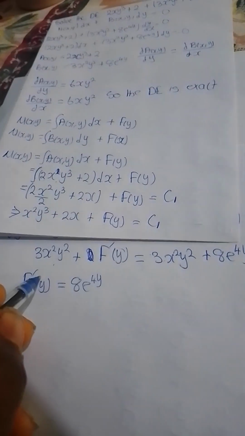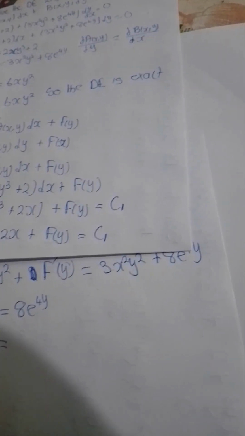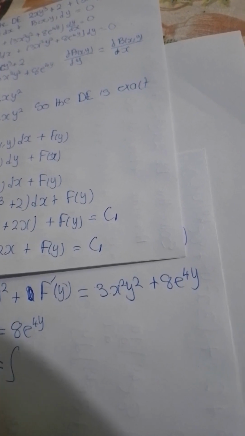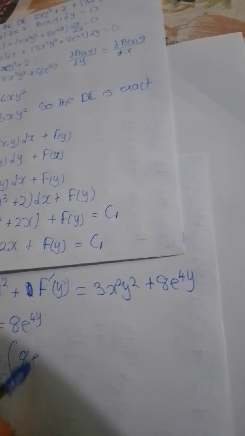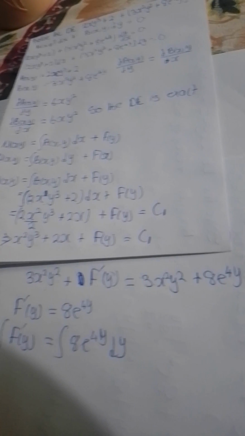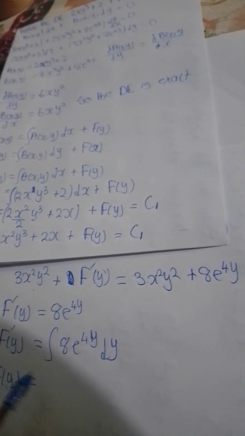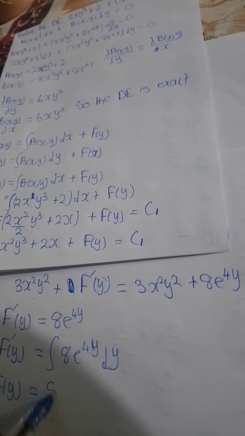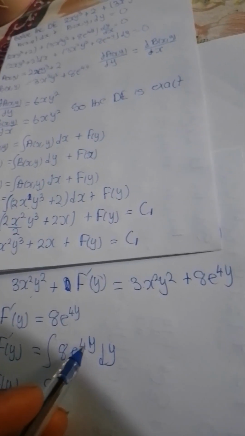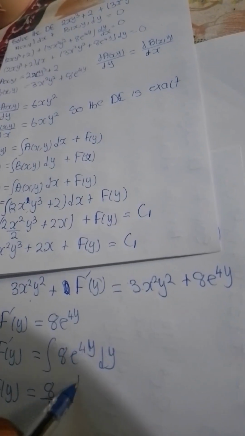So I have f prime of y to be equal to that, but I'm not looking for f prime of y, I'm looking for f of y. So I take the integral on both sides, the integral of 8 exponential to the 4y with respect to y. I will obtain f of y to be equal to 8 over 4 exponential to the power 4y.